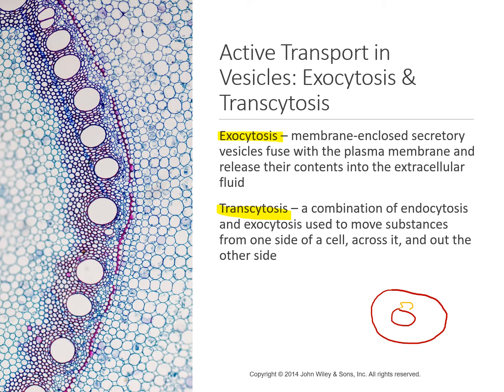The vesicle would move across the cell, and then here we would have exocytosis. So then we have particles. If we're looking at particles within the cell here, we would have these particles inside the vesicle, and then here they are being expelled from that vesicle.